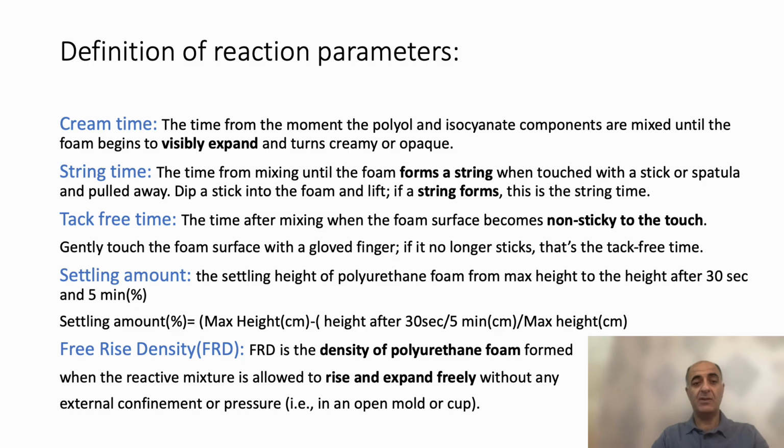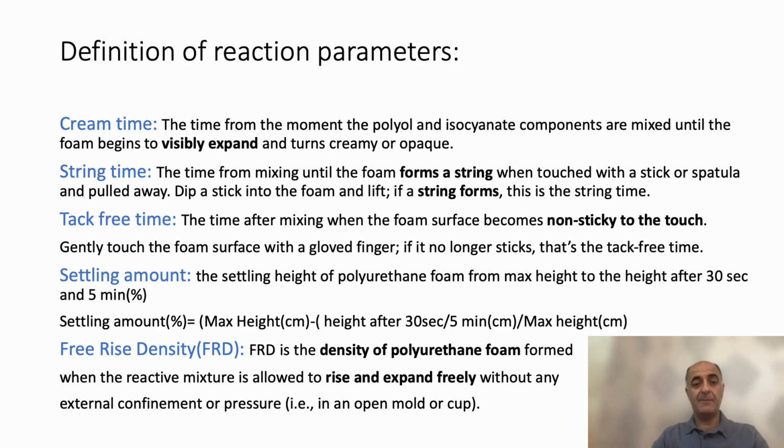After doing these activities, we define the reaction parameters. What do these parameters mean? Cream time. Cream time is the time from the moment the polyol and isocyanate components are mixed together until the foam begins to visibly expand and turns creamy or opaque.